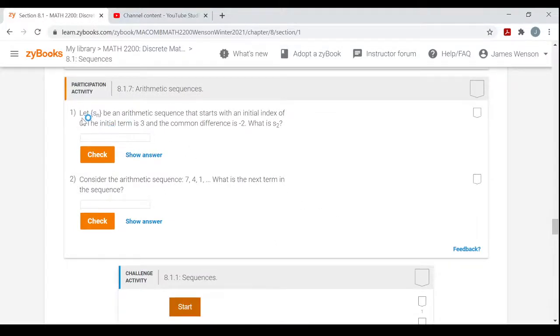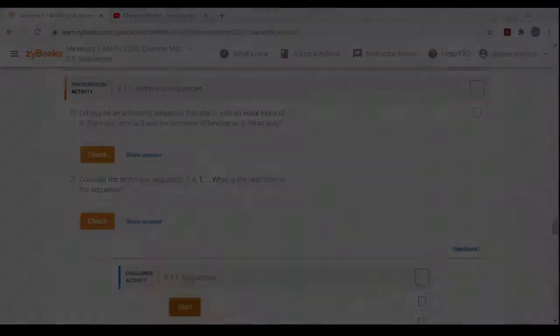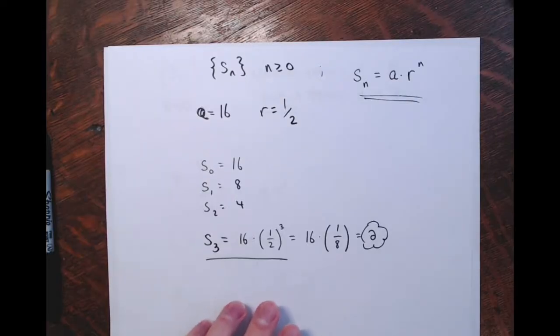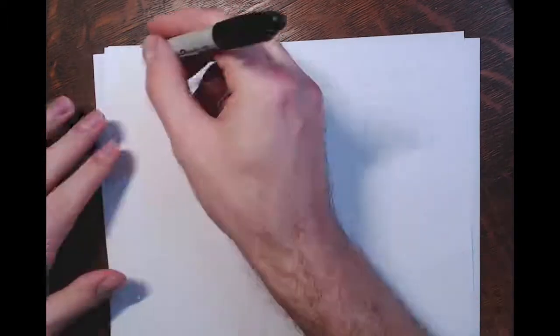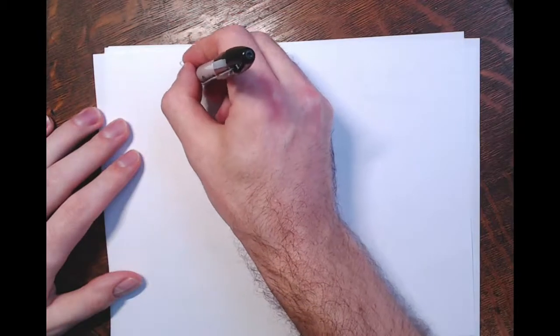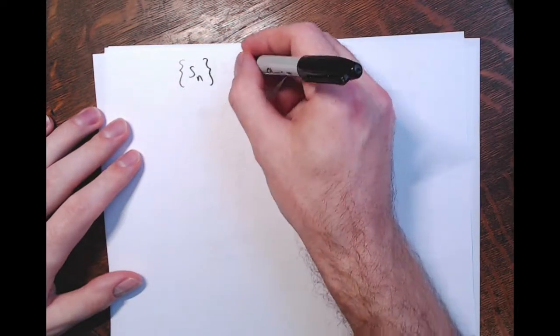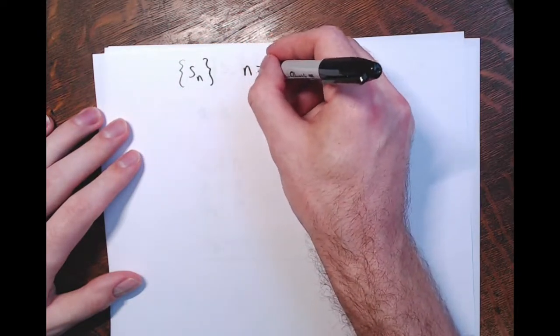So here, let S sub n be an arithmetic sequence that starts with initial index of 0, right? The initial term is 3 and the common difference is -2. What is S sub 2? So again, I'll write this out. Grab some paper here, and so we're given this sequence again called S sub n. They told us it's starting at 0, right?